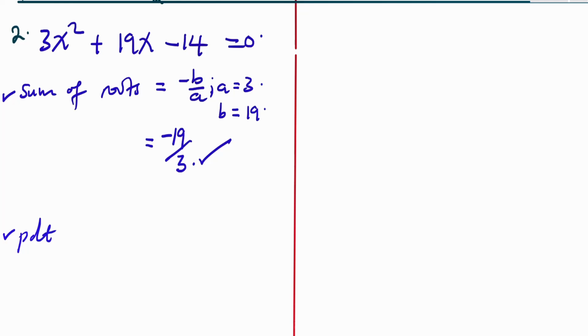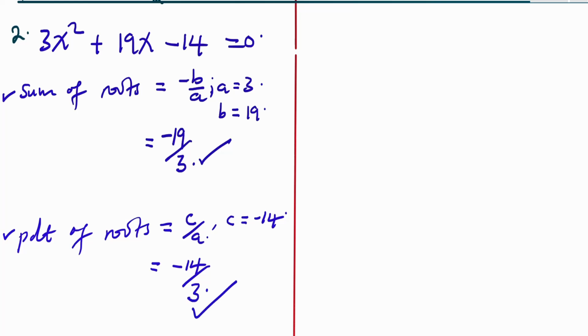Also, the product of roots is the same as c divided by a, but our c is equal to negative 14. So as we substitute, we are going to have negative 14 divided by 3. And this becomes the product of our roots.